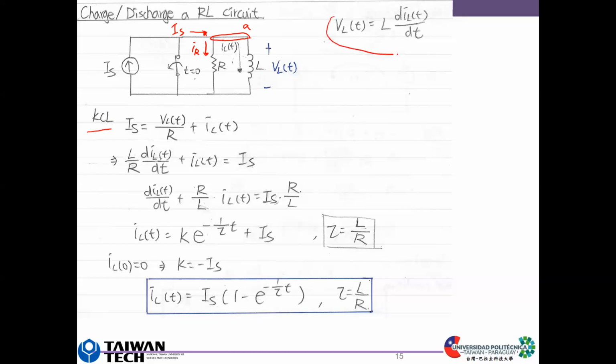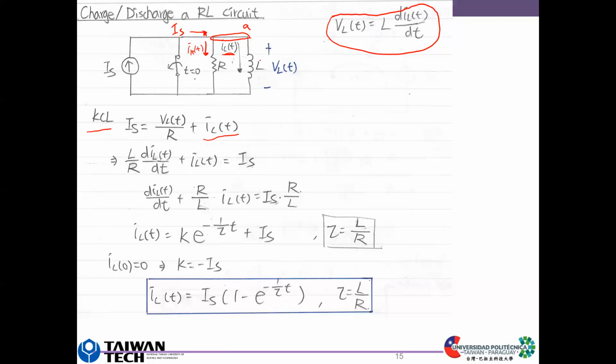So for the inductor equation, it is like this: L times di_L(t)/dt equals v_L(t). So you have I_S equals i_L(t) plus i_R(t).